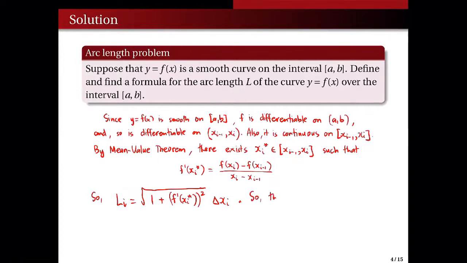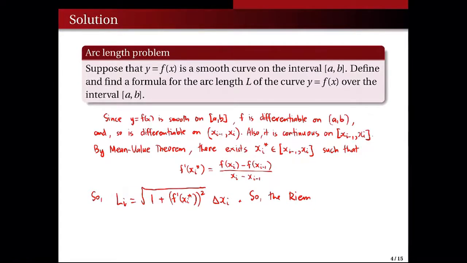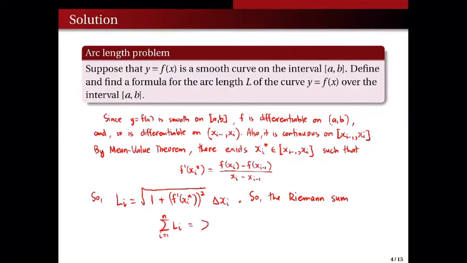So, the Riemann sum. Let us write it here: summation i from 1 up to n of L sub i. This is just summation i from 1 up to n of the square root of 1 plus f prime of x sub i star, quantity squared, delta x sub i.